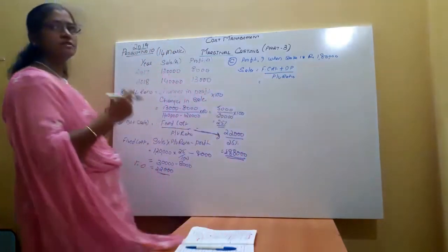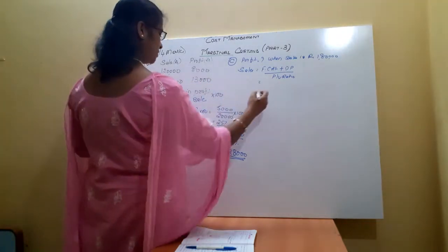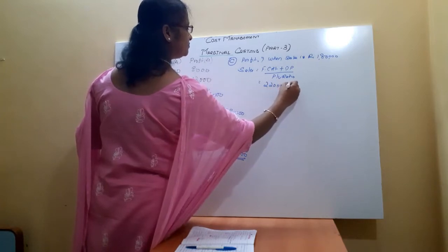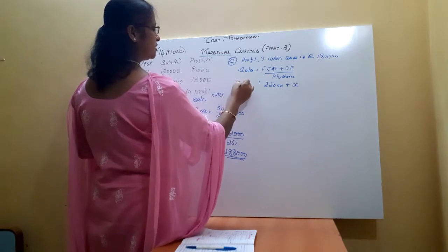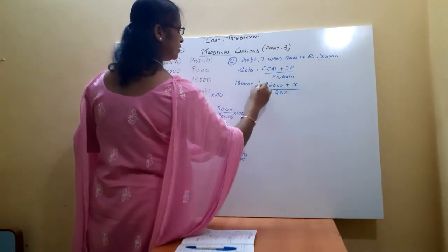So fixed cost is 22,000. Desired profit we need to calculate. Sales they have given it as 1,80,000 divided by the PV ratio 25%.